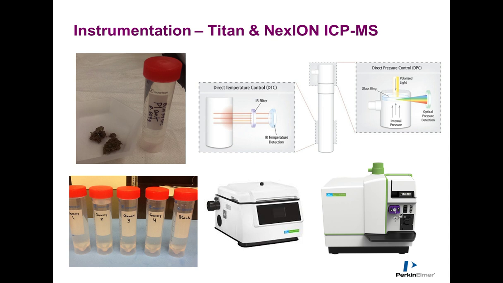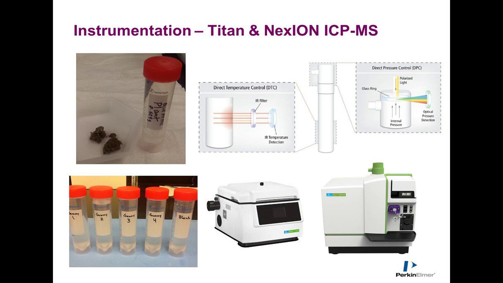And this is a good point to speak to because making sure you have complete digestion is essential for getting a good result on the ICP-MS heavy metal assay. In the top left, we can see that traditionally for a flower sample, it is placed into an acidic environment and then it is microwaved to be digested.